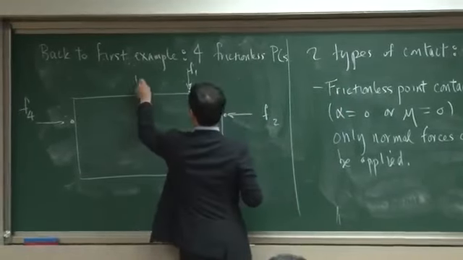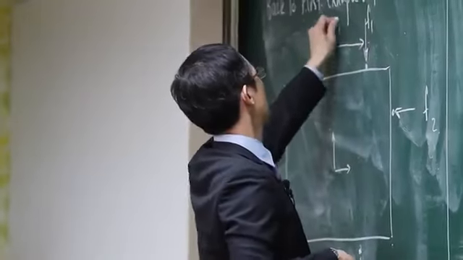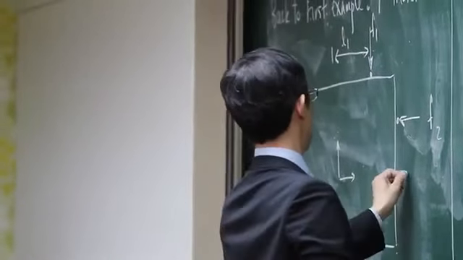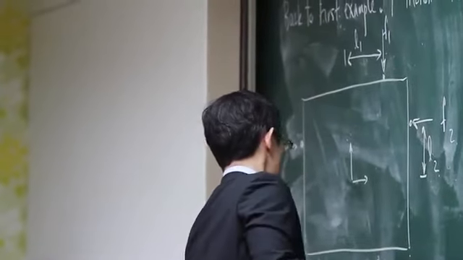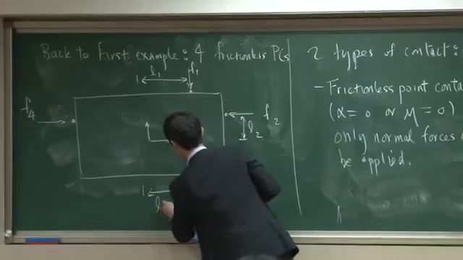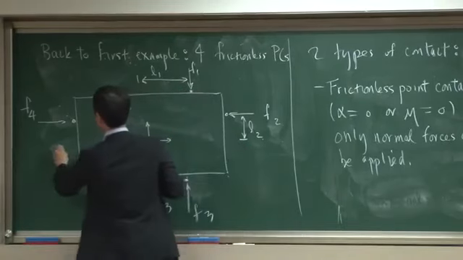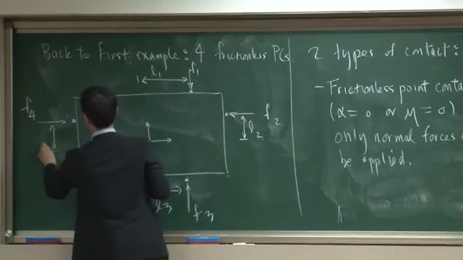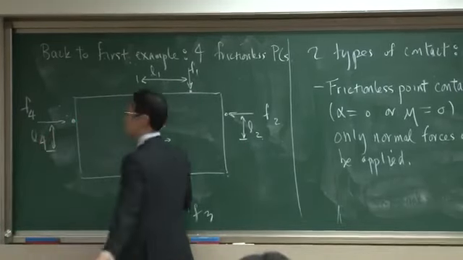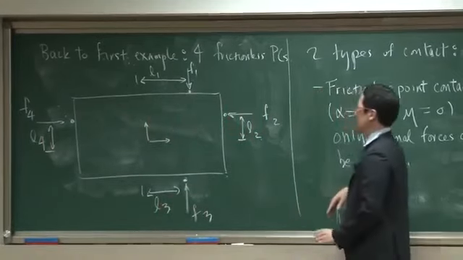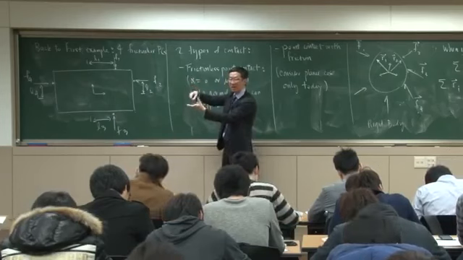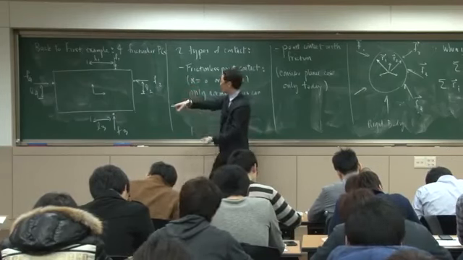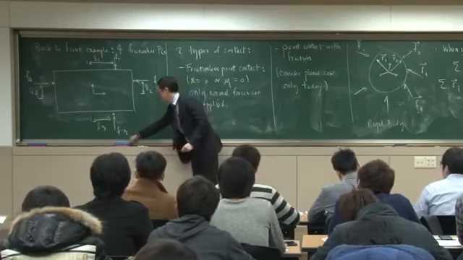Some more dimensions. Let me call this distance L1. Let me call this L2. This will be L3. And finally, this will be L4. So here we go. We have 4 frictionless point contacts in contact with this picture frame.